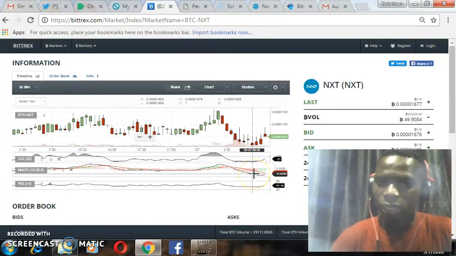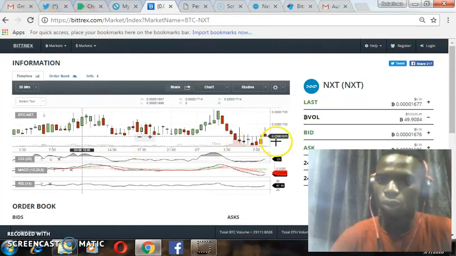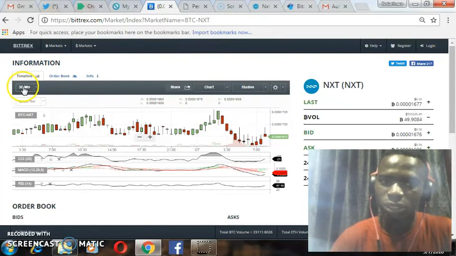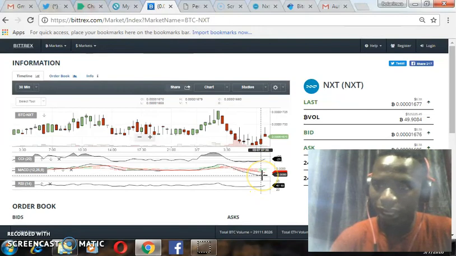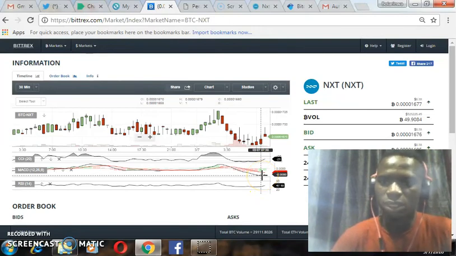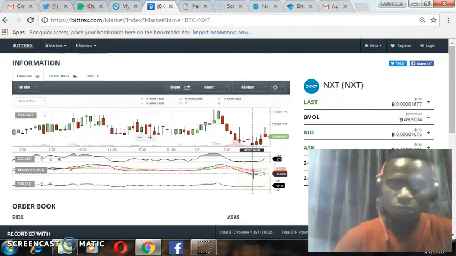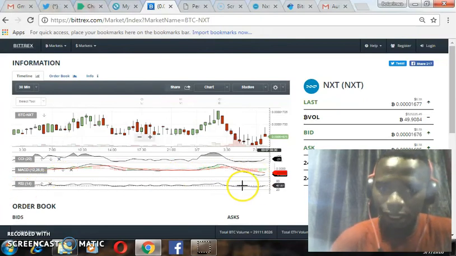So they've agreed that the price of NST is going to go up, and I'm working with the 30 minutes candlestick. So in the next 30 minutes, if I buy Nest right now, there's a higher probability that its price is going to go up. RSI is also saying the same thing.